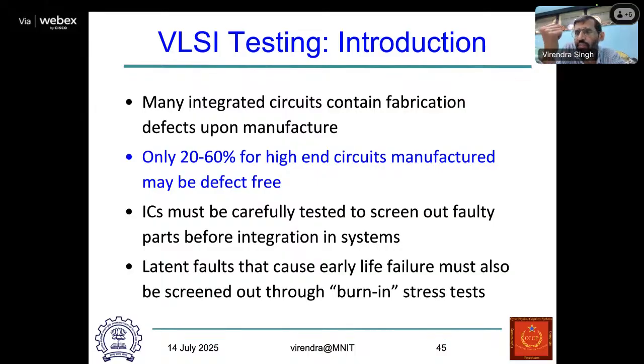If I look at the high-end circuits, which are mostly microprocessors designed at the cutting edge, those circuits have a yield of something like 20% to 50-60%. Now, if I say 20% yield, that means 20% of parts are defect-free and 80% are defective.